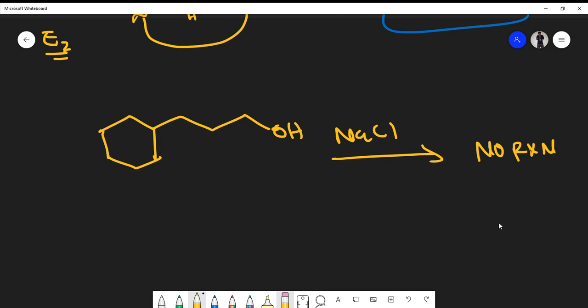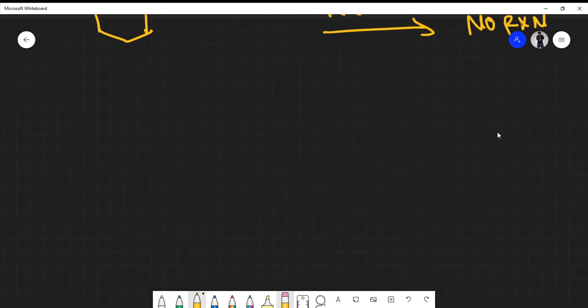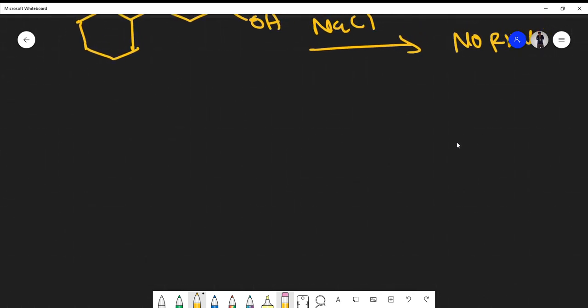How about this one? Is this an SN1, SN2, E1, or E2 reaction?